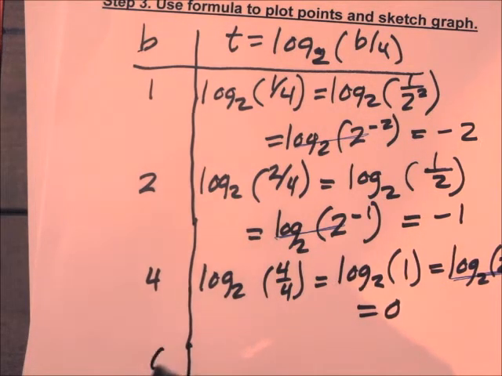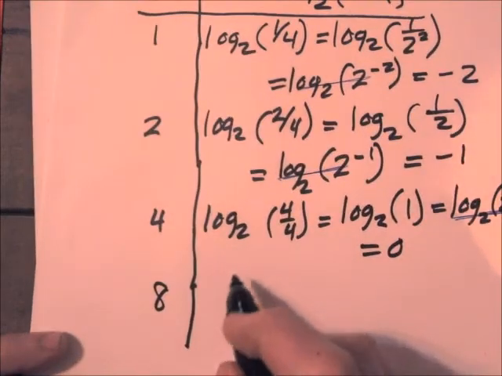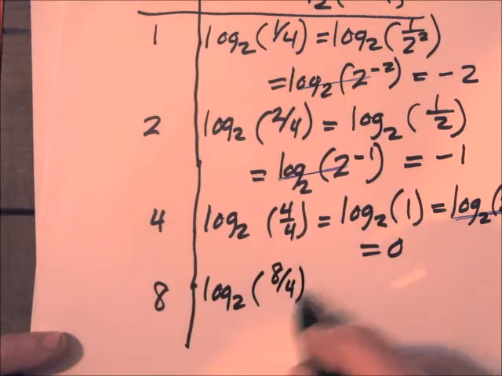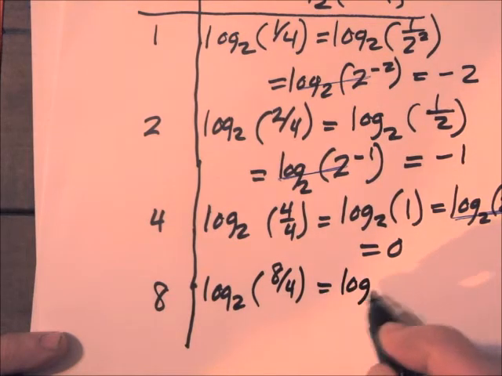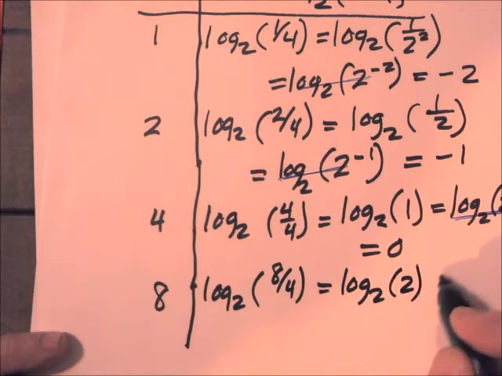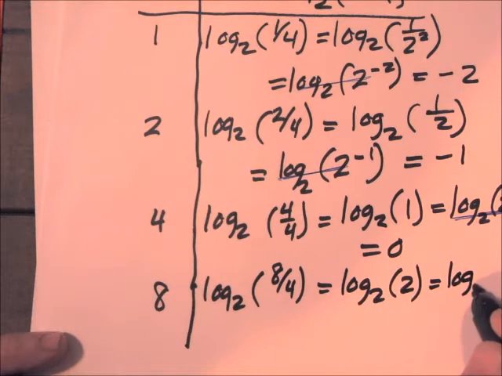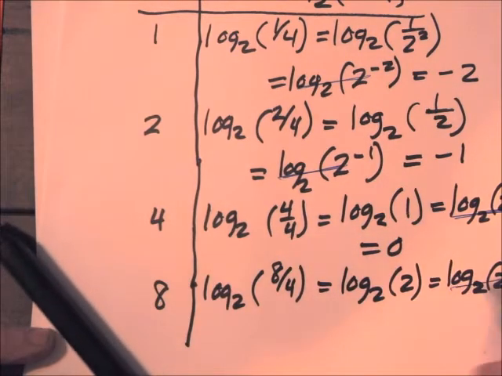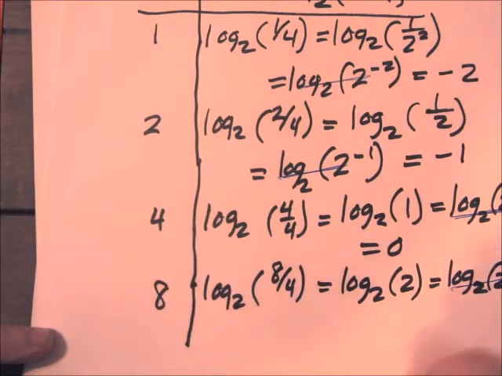And 8 bacteria, the time is going to be log base 2 of 8 over 4. 8/4 reduces to 2, log base 2 of 2. We can write this in exponent form, log base 2 of 2 to the first power. Log base 2 and exponent base 2 cancel, and that just is equal to 1.